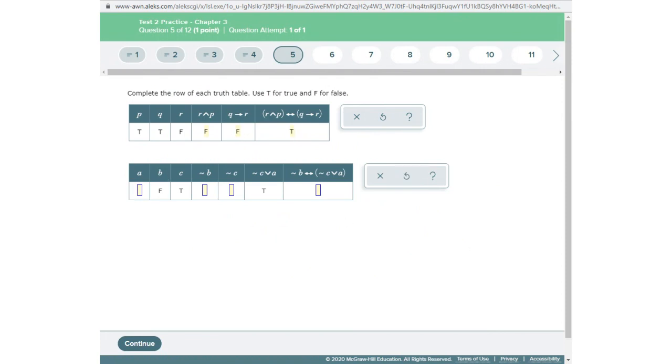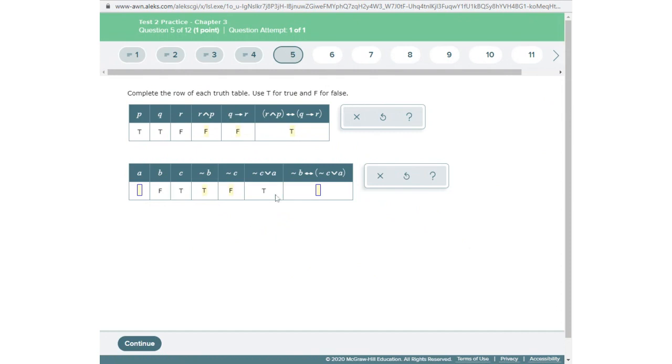But here, they're making us figure out what A is from some of the other things. Well, I'm going to do the easy ones first. In other words, they're giving us B, so not B would be what? True. If B is false, then not B is true. If C is true, then not C is false.